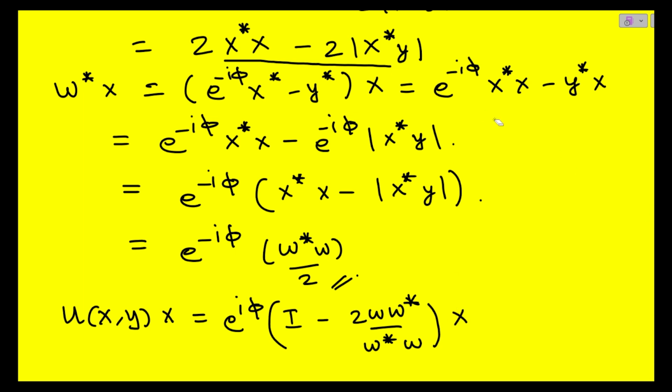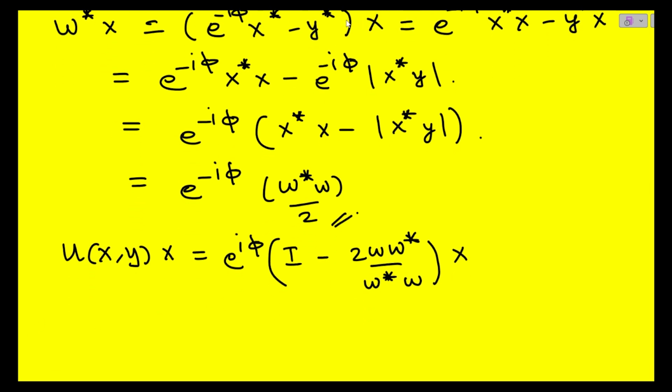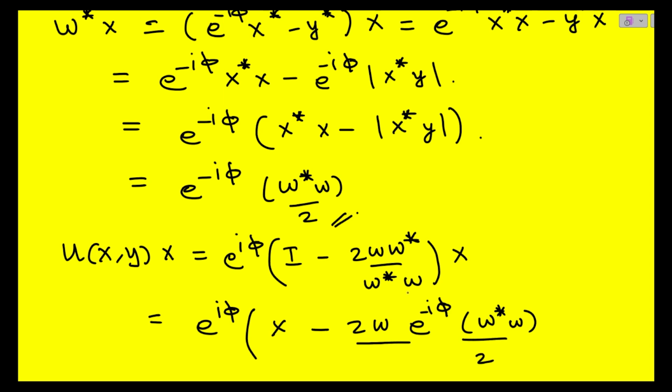So when you take your x inside the brackets, what's going to happen is e to the power i phi, this becomes x minus 2w, w star x. w star x is nothing but this whole thing. So let me write this here: e to the power minus i phi w star w divided by 2, and in the denominator, you have w star w. So you can see that this term and this term get cancelled.